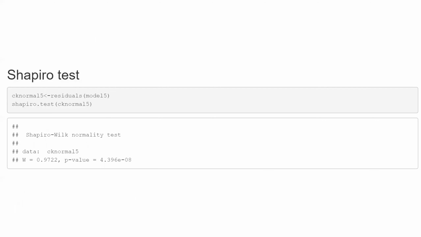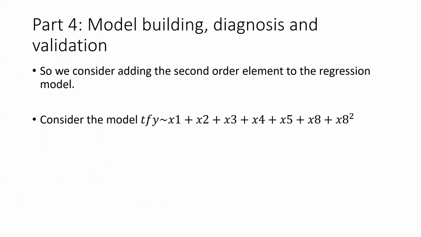And the Shapiro test result shows that it violates normality. So here, as we analyzed the residual plots, we may need to consider adding a second order element to the regression model. So here we just add an x8 squared element to the model.